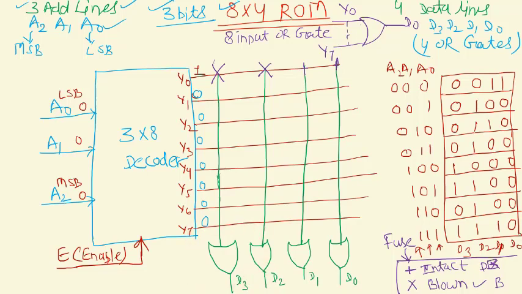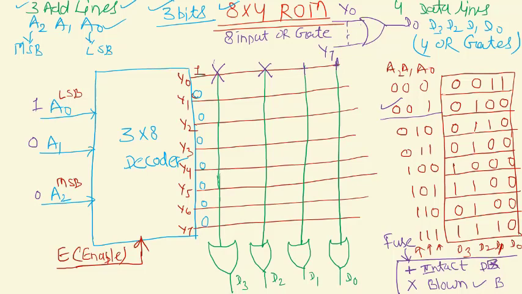Again, suppose input is 0 0 1. So A2 is equal to 0, A1 is 0 and A0 is 1. Suppose I want to select this.